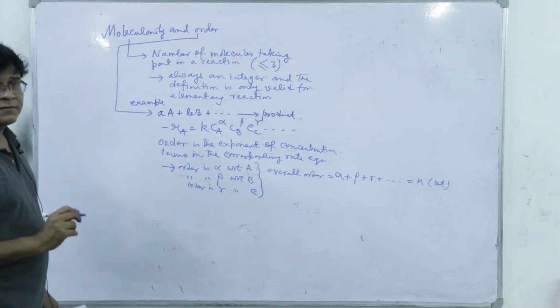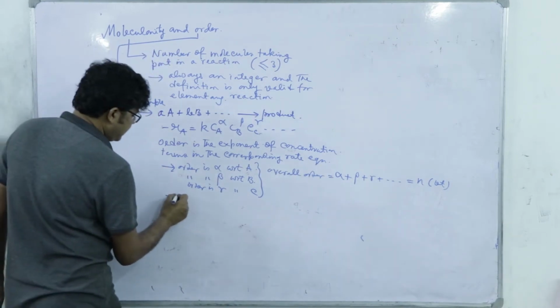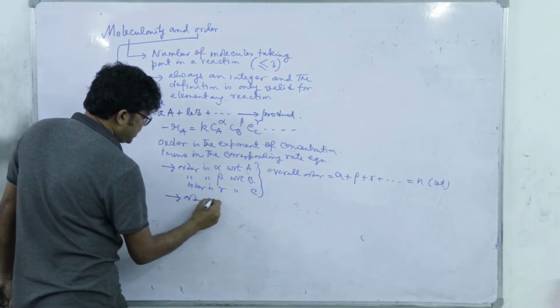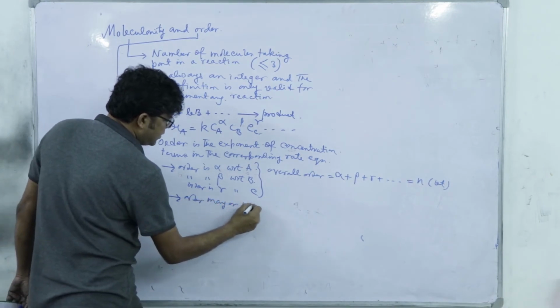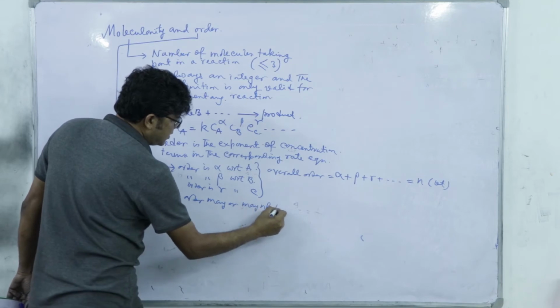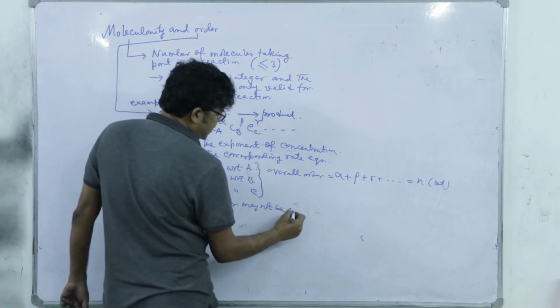So, order can be a fraction. Order may or may not be an integer.